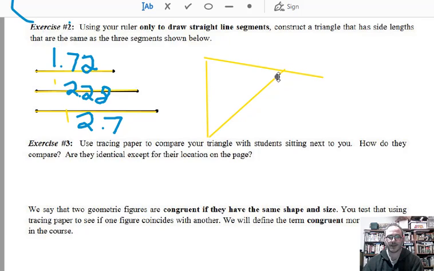So this point here, oh, I don't want another line. I actually want to redo this line. I guess I can't do that, so I'll just redraw it. 2.28. Okay, that gets closer. If I could delete those, I would do it. But 2.7 is going to be here.